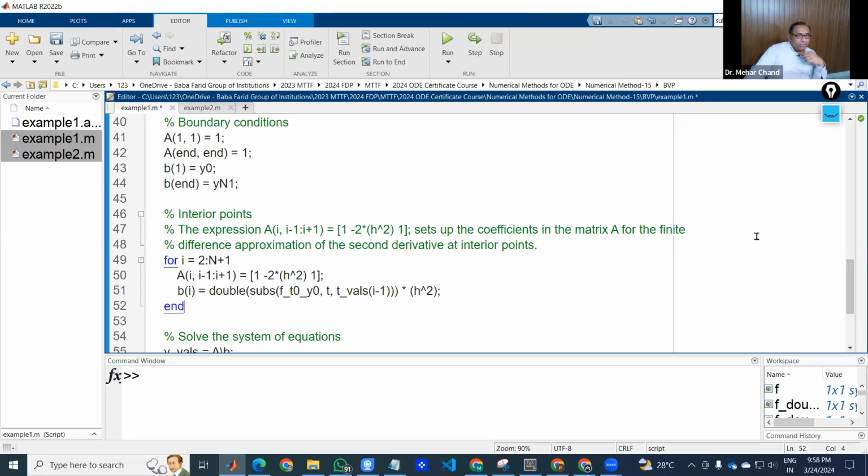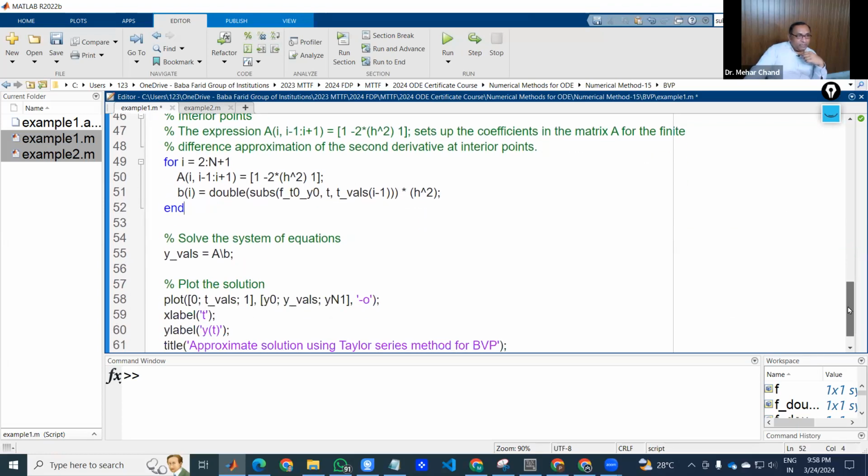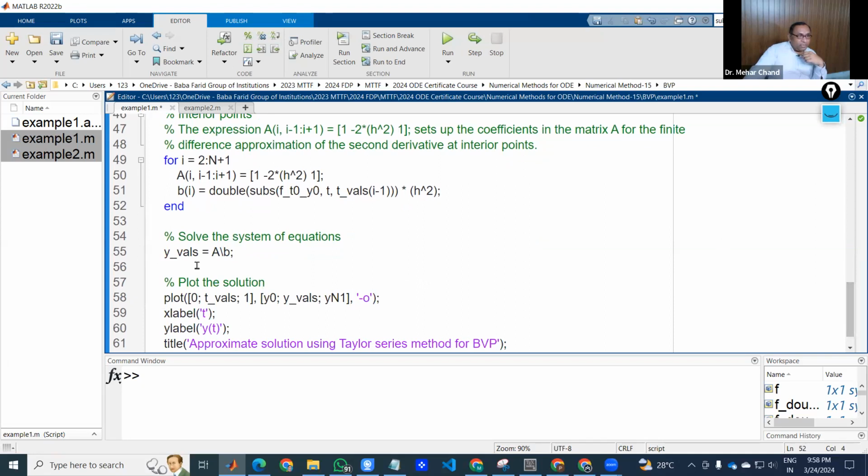Okay, so then we have the system of equations, and the y values will be equal to A backslash B. This will give us the solution of the system of equations, and all will be the y values, and then we can plot the graph. So this is the approach to plot the graph.